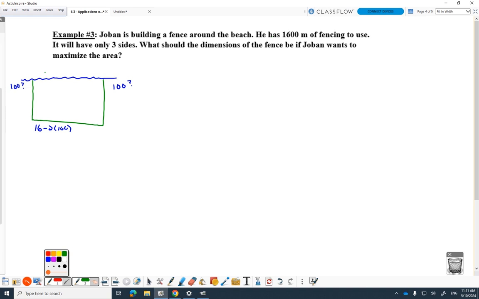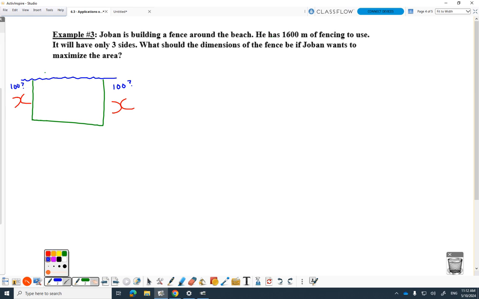Instead of 100, I want this to be x. And if that side's x, what's this side over here? It's also x. And if those are both x's, this last side, algebraically, is going to be, oh, all my drama's stolen because I wrote the wrong thing here.